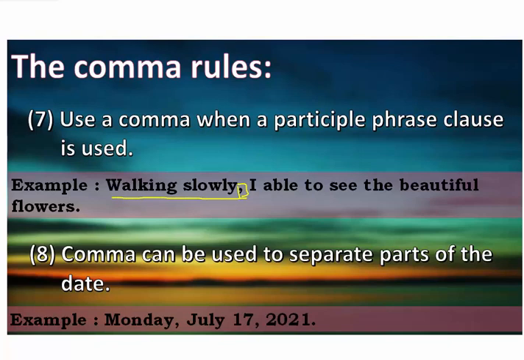At the same time, let's see the next rule. A comma can be used to separate the parts of a date. Monday, July 17th, 2021.